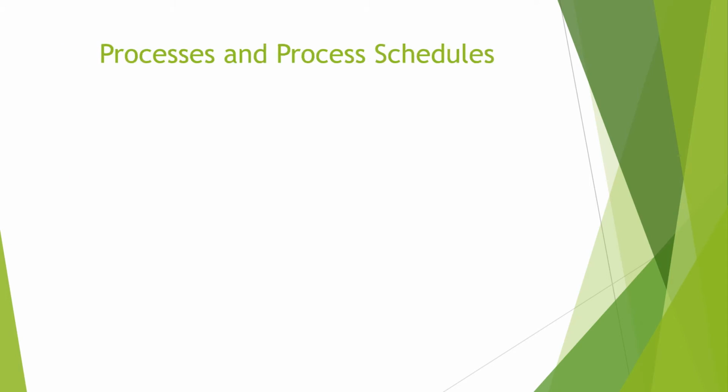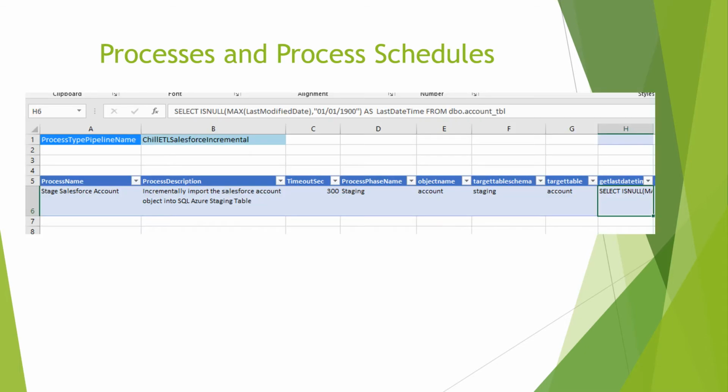Once we've defined our pipelines, we then have to define processes to use these pipelines. Multiple processes can use the same pipeline. Here's an example of a process. The process is going to use the ChillETL Salesforce incremental pipeline.